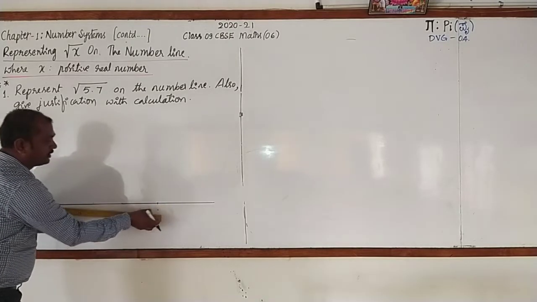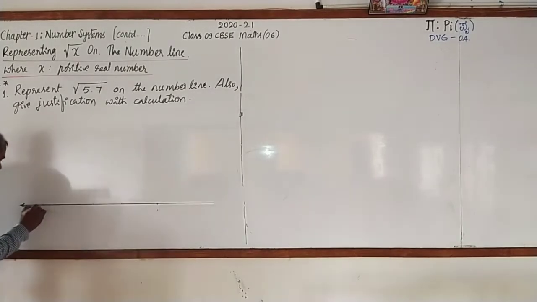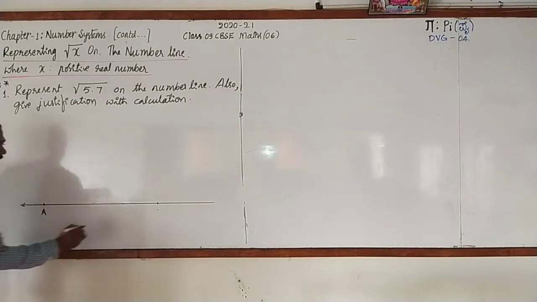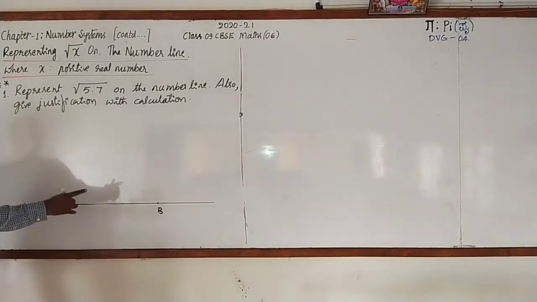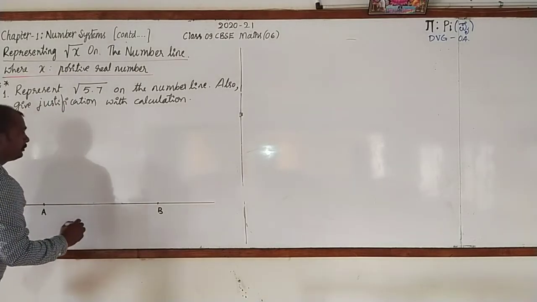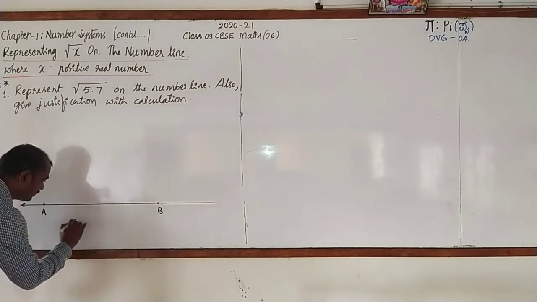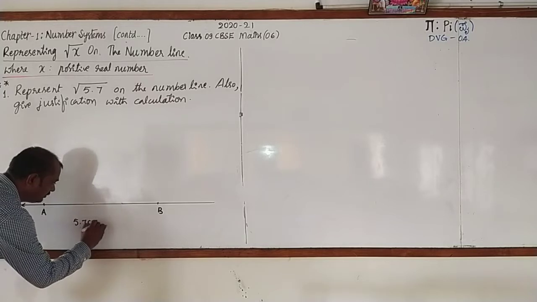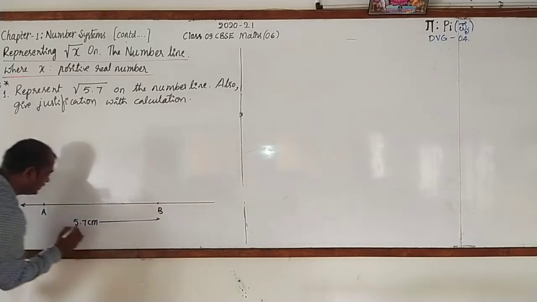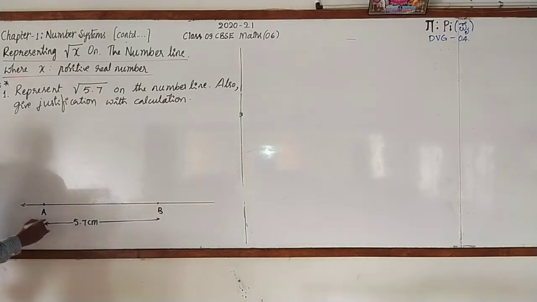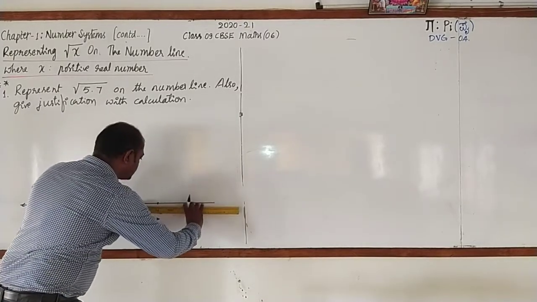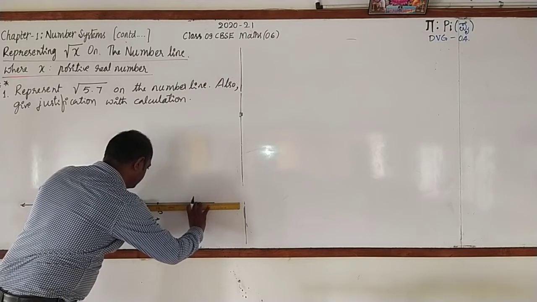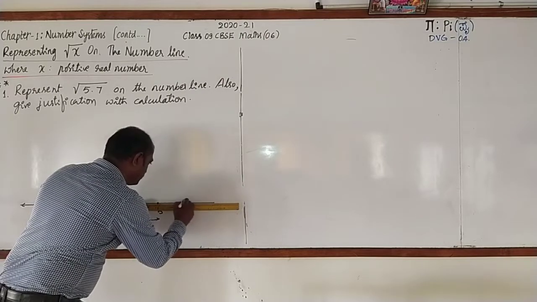This is 5.7. You call this point A and this point B. What is the distance from A to B? It is 5.7 centimeter. This is the distance from A to B. Then after that, we have to take 1 more centimeter additional. 1 more centimeter.